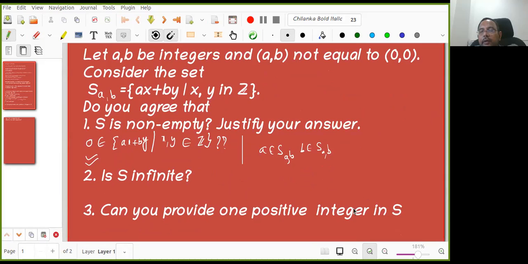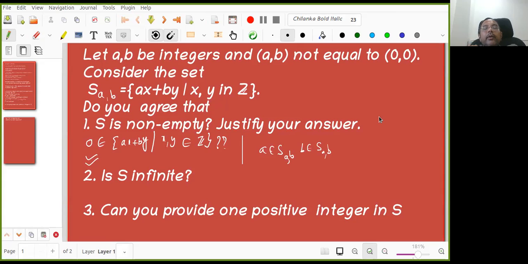Is S infinite? Yeah, Ishan, can you go ahead? Fix y equal to 0 and vary x over the integers, assuming A is non-zero, and if A is 0, then switch to B. One of A and B is non-zero.